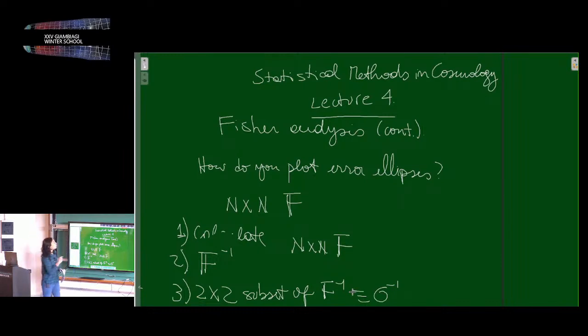So basically, when you invert the inverse of g, you get g, which is the subset of the Fisher matrix, but already marginalized over the rest of the parameters. And once you have g, you have the object of interest, yeah? Now you have the object of interest, which is the subset of the Fisher matrix over the two parameters that you want to consider, having marginalized over the rest of the parameters.